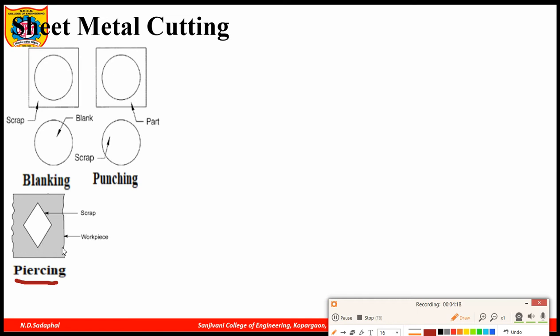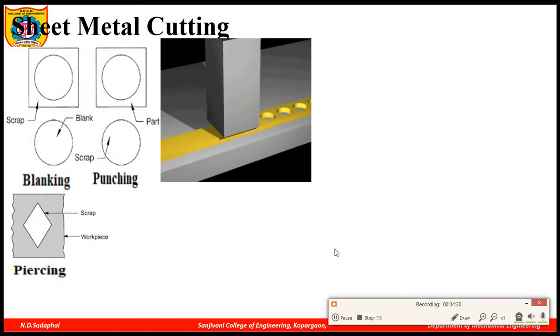The part which is removed is scrap and the remaining part is the required one. Then it is called piercing. You can see here a circular part is removed and it is a waste, and the part left behind is the required one, so it is called punching. If the removed part is required, then it is blanking.